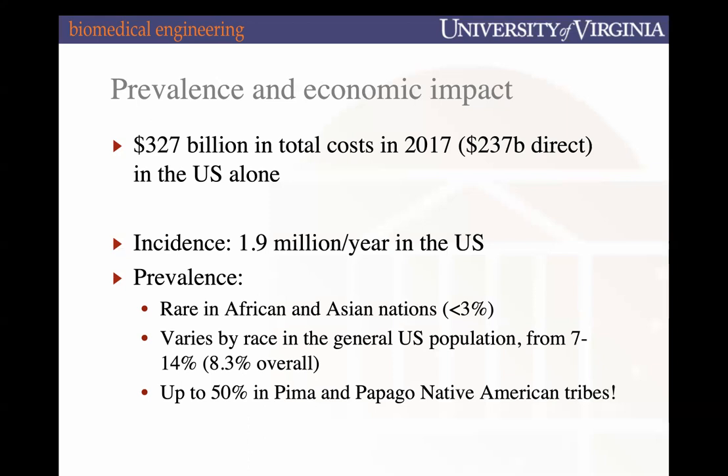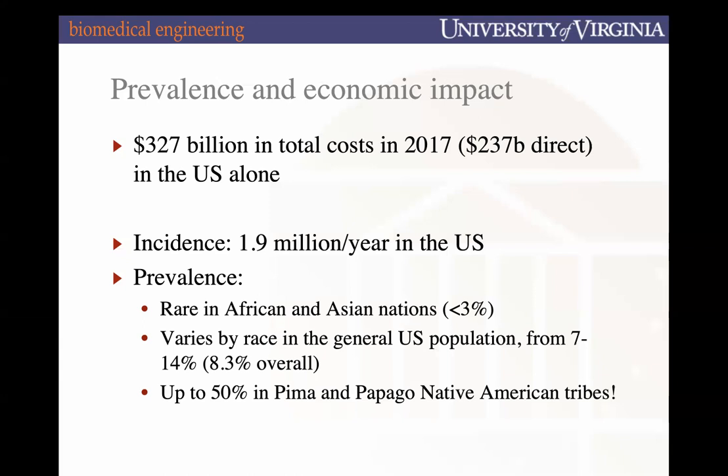In the US alone, there are 1.9 million new cases of diabetes per year. And that likely will have changed in the last 5 years as well. There's also a bit of a demographic difference across the US, where it's typically rare in African and Asian nations. There are a few different possibilities as to why that's the case.